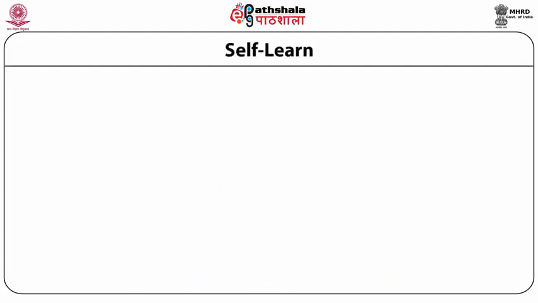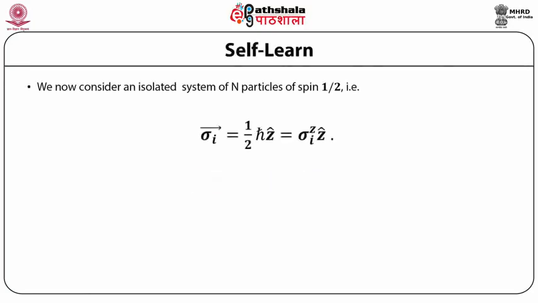Now we go to another system, a system of spin half particles. That is, we now consider an isolated system of N particles of spin half, that is, σi is equal to half ħω multiplied by the unit vector in the direction of z axis, which is equal to σzi multiplied by the unit vector in the direction of z axis.